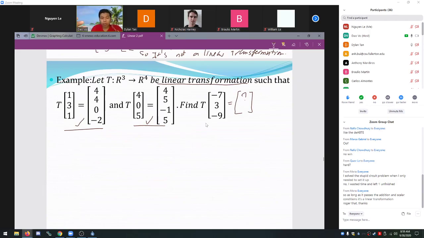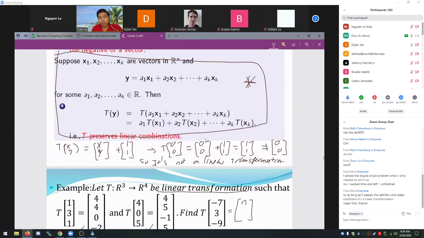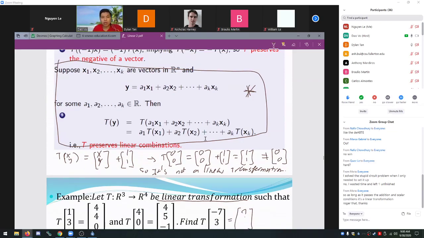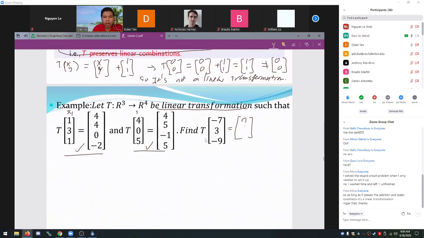Well, property number 3 will be your best friend. Suppose that y is a linear combination of all the x's. Then the transformation of y will also be the linear combination of the transformations of the x's. So you can imagine that the vector (1, 3, 1) will be my x1, the vector (4, 0, 5) will be my x2, and the vector (-7, 3, -9) will be my vector y.